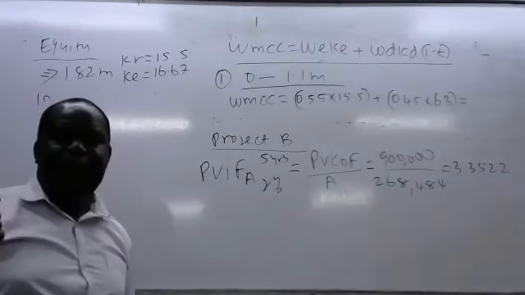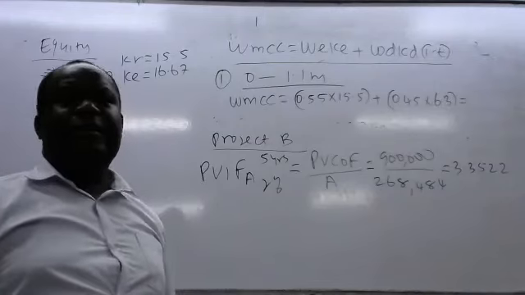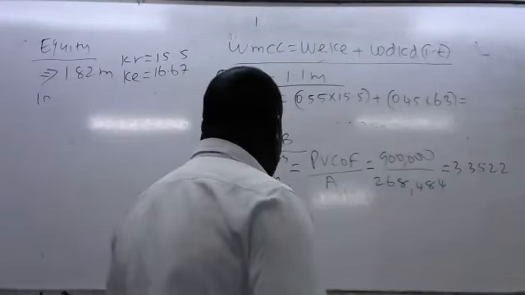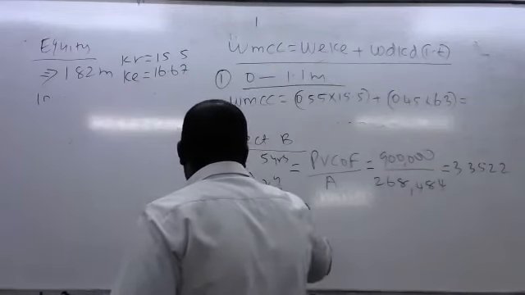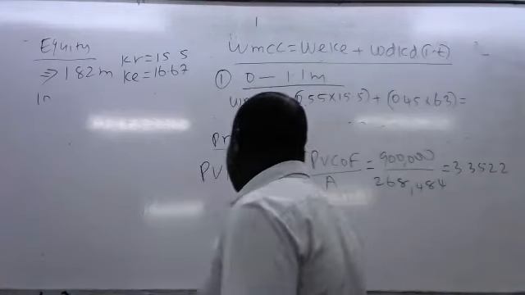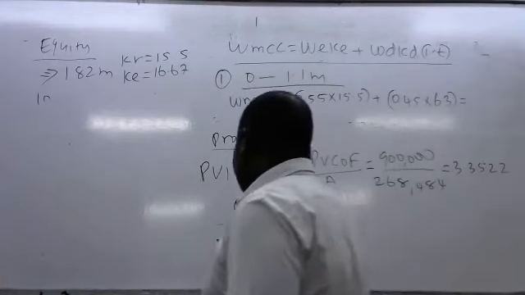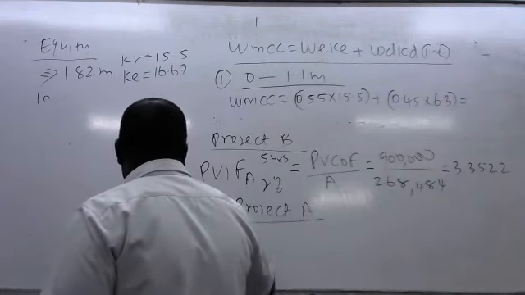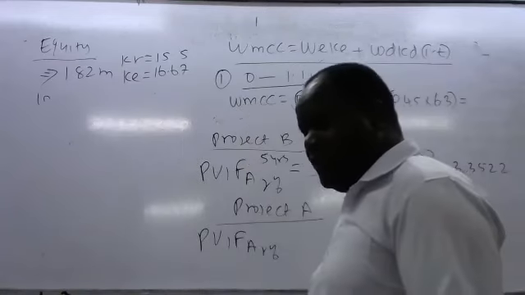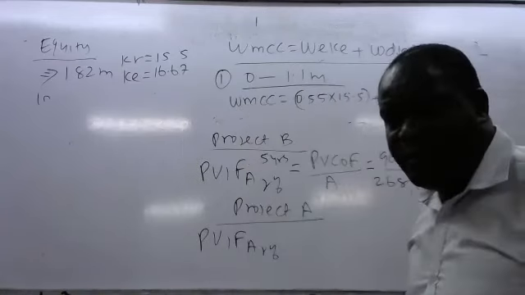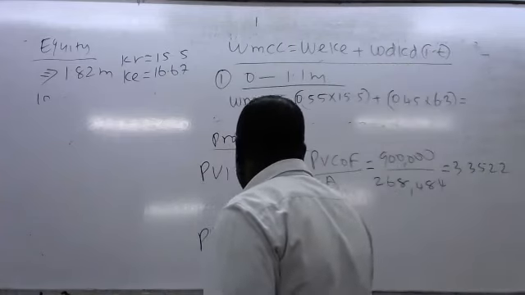So now from there, we go to project A. Now we can calculate the IRR for project A. Present value interest factor for the annuity, R%. Project A has how many years? 8 years.